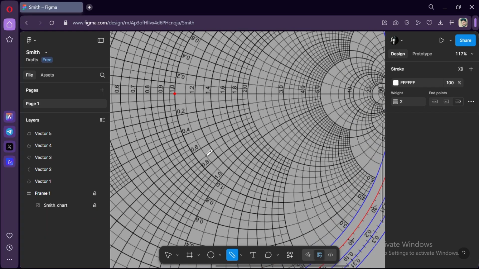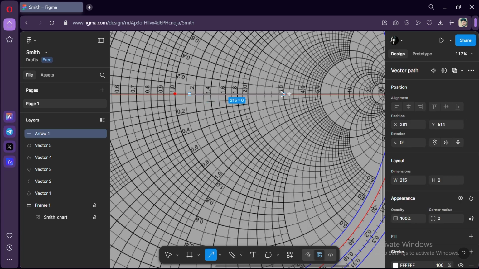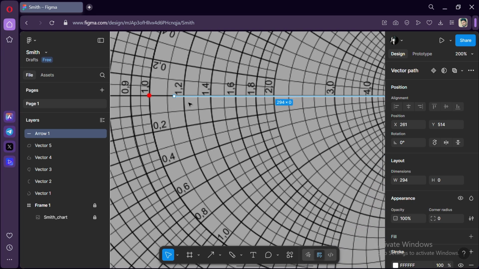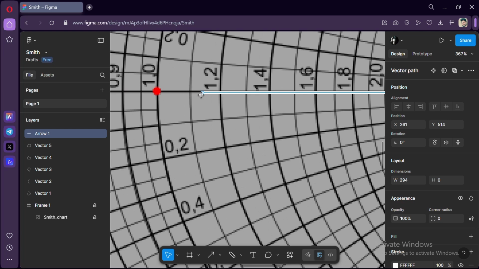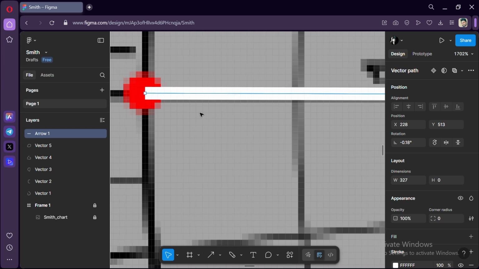How can we do that? Let me take an arrow here.